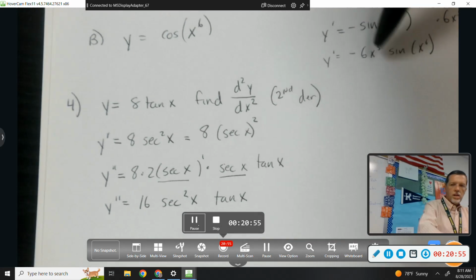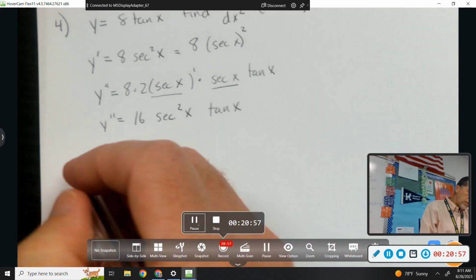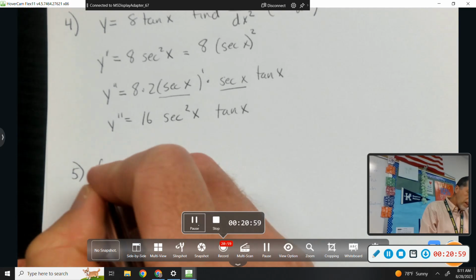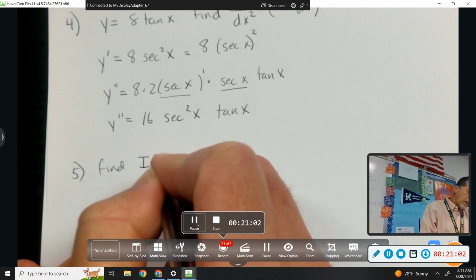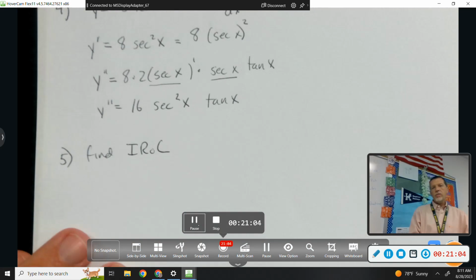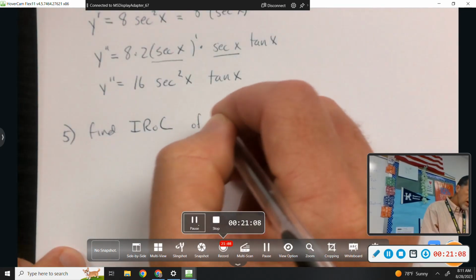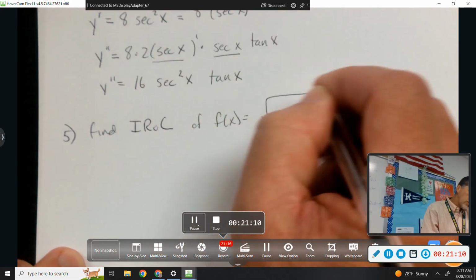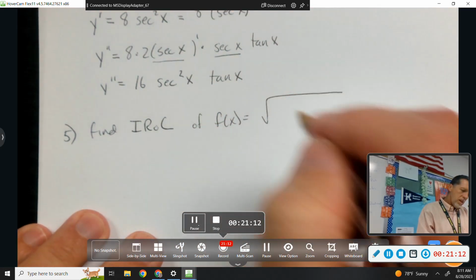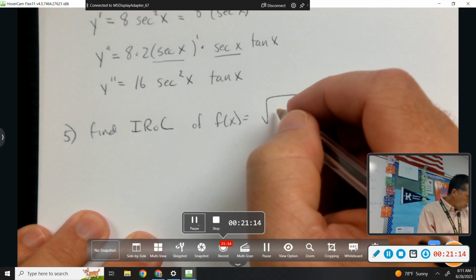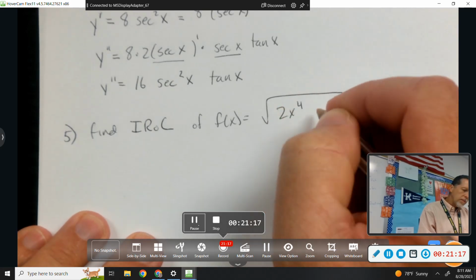All right, one more. We may not get through with it, but it's just to remind you of something. Find the IROC, instantaneous rate of change, of f of x equals the square root of, we'll keep it relatively simple, 2x to the fourth plus 3.